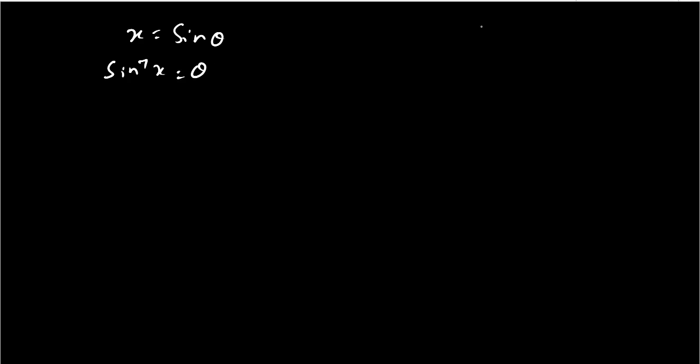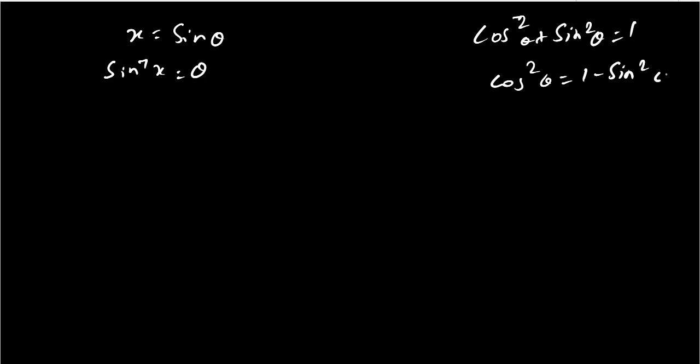So from cos square theta plus sin square theta equal to 1, we will arrive in terms of cos theta here. So cos square theta equal to 1 minus sin square theta. So cos theta will be, we have to take square root on both sides.